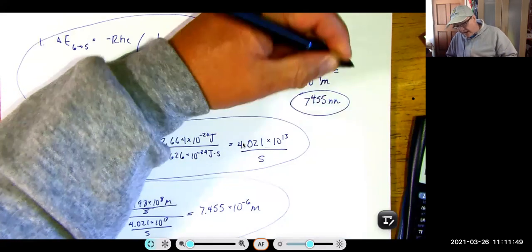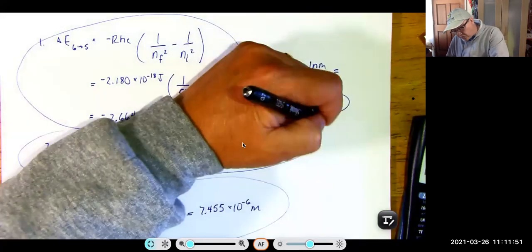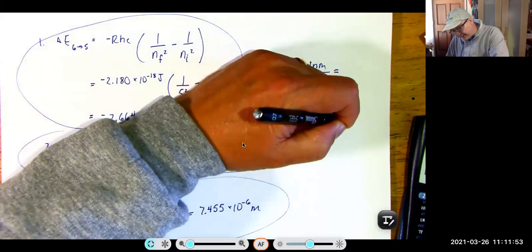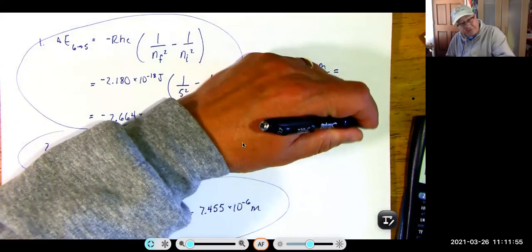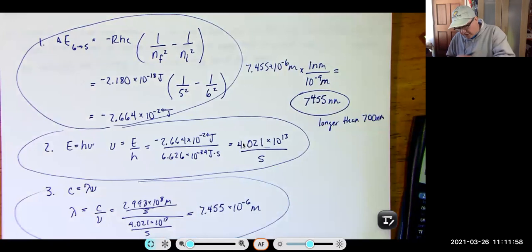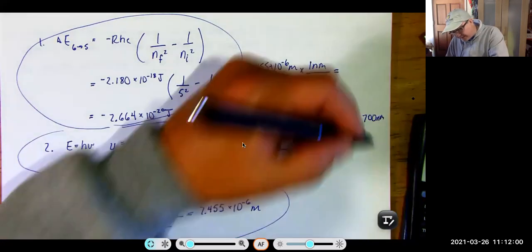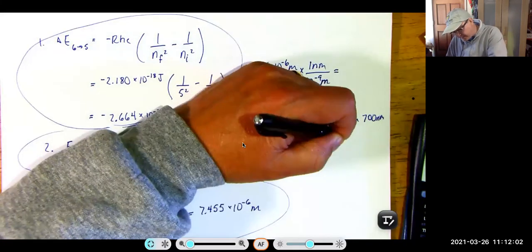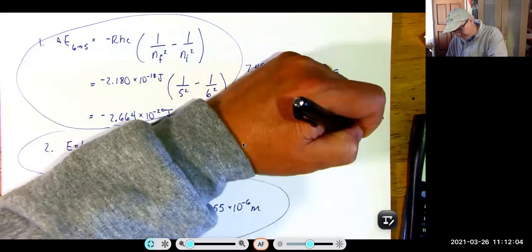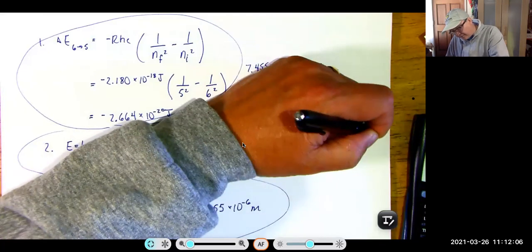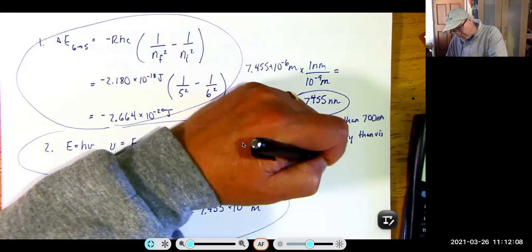And so I know that this is longer than 700 nanometers, which is visible light. So that means it must be less energetic than visible. And so that means infrared or microwaves.